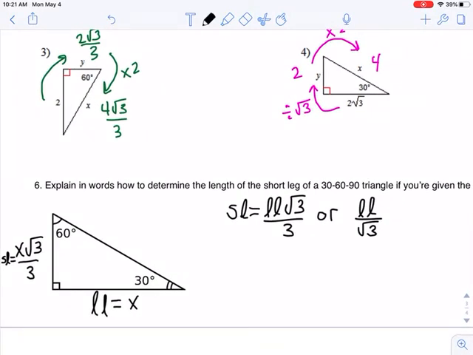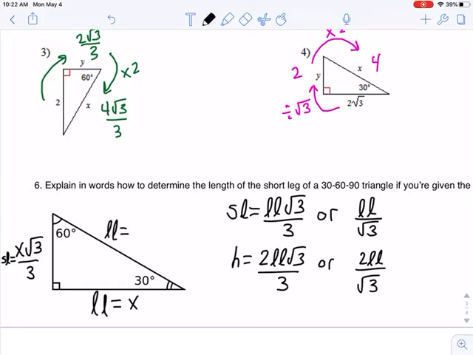It's just which version gets us there quicker. And then the hypotenuse is going to be 2 times the long leg times radical 3 over 3, or 2 LL over radical 3. And over here, 2x radical 3 over 3.